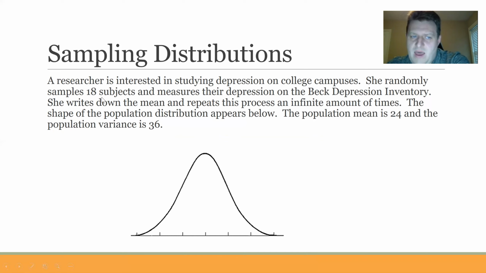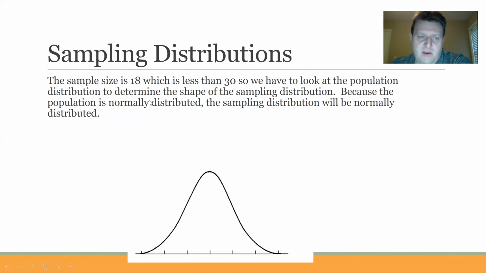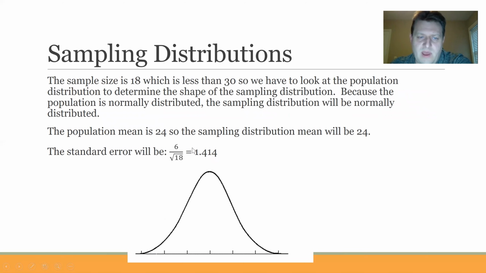So I'm going to have the square root of 36 in the numerator, which is 6. That's the population standard deviation, over the square root of n, which is 18 here. If I do this calculation, I get 1.414, which would be the standard error of the mean.